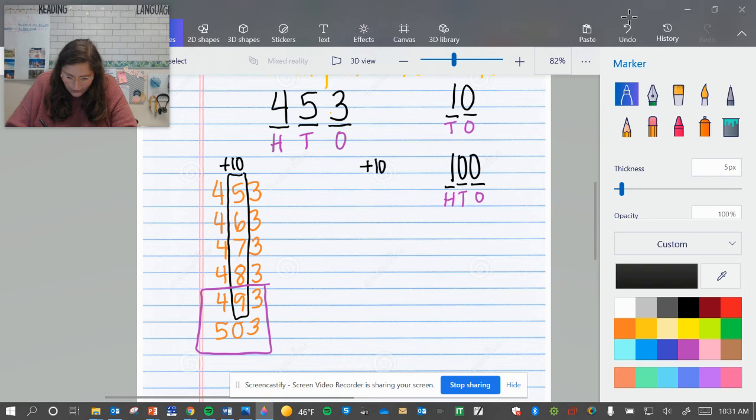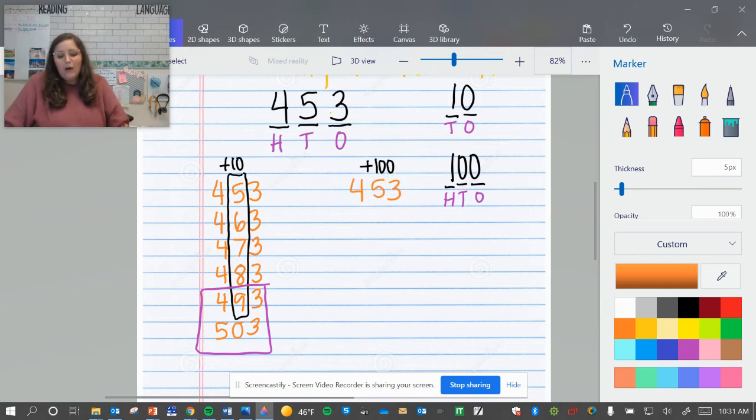Plus 100, okay? So let's look. Let's start with 453. Now, if I add 100, what's the only place that's going to change? The hundreds place, right? So I'm going to add one to the hundreds place. What's one more 100? 5 hundreds. And guess what? I'm not adding any tens or any ones, so these stay the same. 53.